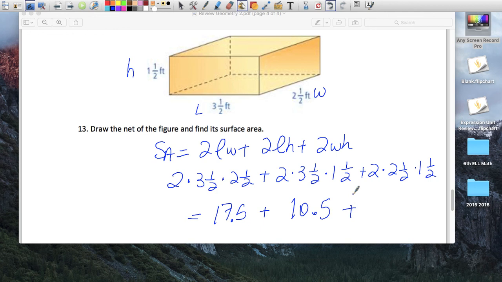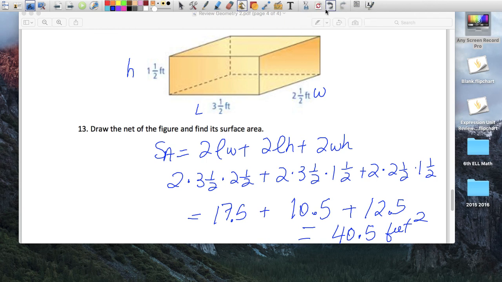And the last set here, it's 2 times 2.5 times 1.5, and you get 7.5. So the surface area of that particular rectangular prism is the sum of all these numbers, 12.5 plus 10.5 plus 17.5 equals a total of 40.5 feet to the second power.